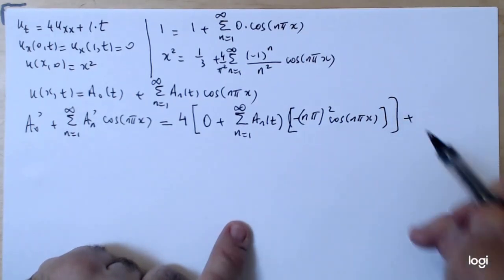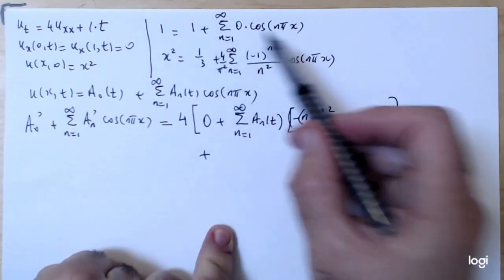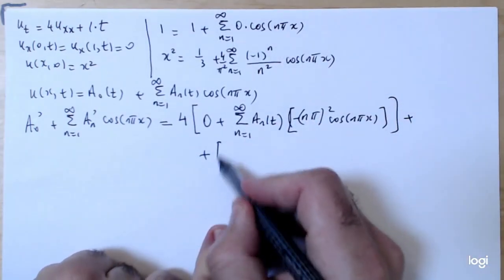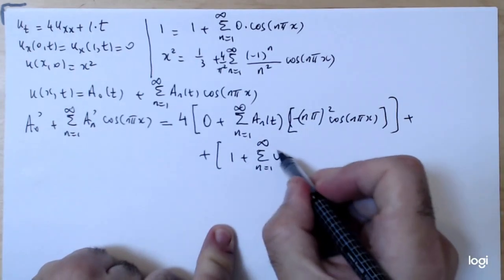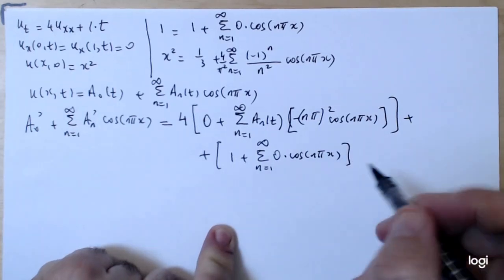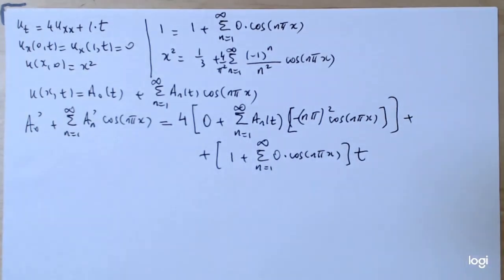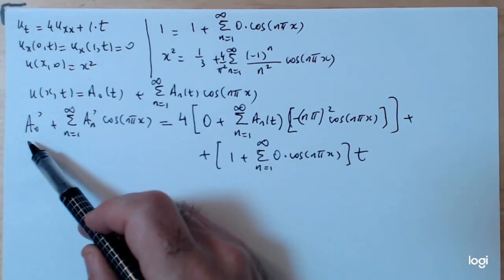And then plus 1 is replaced by the corresponding cosine series. So 1 plus summation from 1 to infinity, 0 cosine of n pi x times t. So we're going to have to match the coefficients of cosines and, of course, the terms outside of the summation as well.